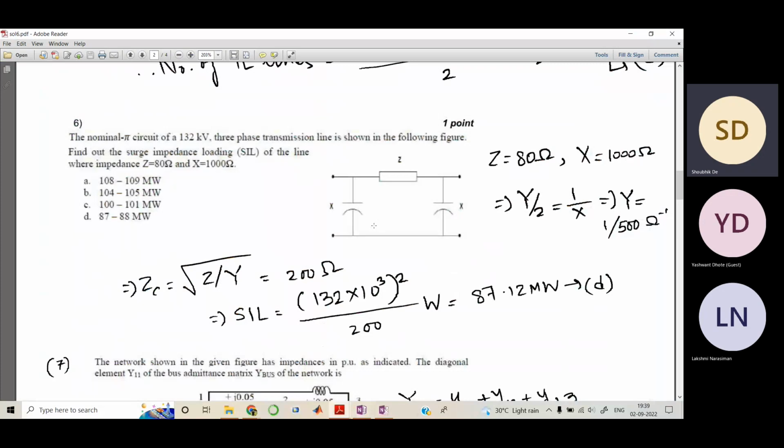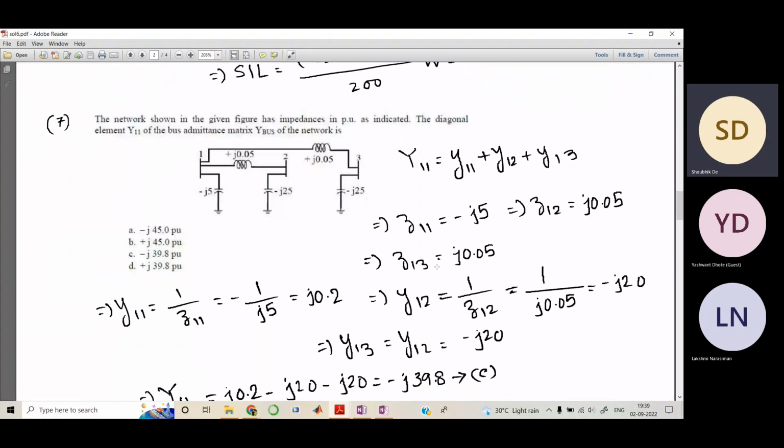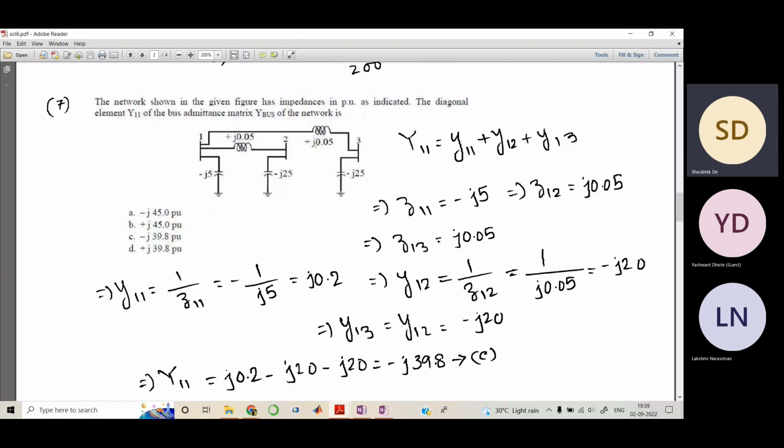Okay, so let us go to problem number 7. This is a pretty simple problem provided you understood the previous problem. Here it says that the network shown in the given figure has impedances in per unit as indicated. The diagonal element Y11 of the bus admittance matrix is what they have told us to find out, right?